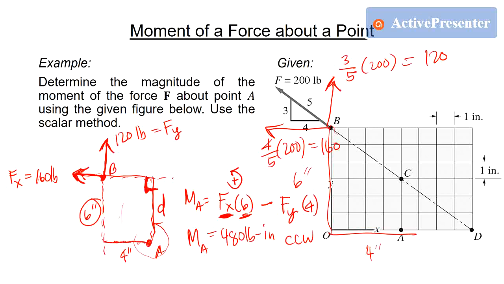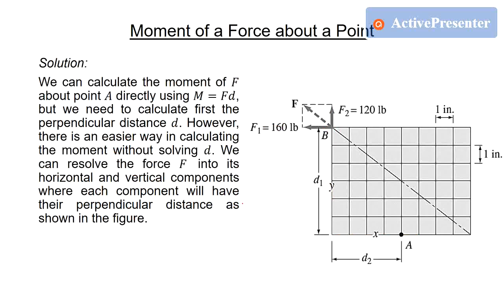This is the distance perpendicular to the line of action of this force, so 120 times 4 inches. The effect is clockwise because of the direction of F. If you add these and get the resultant, you will get 480 pound-inch. So that is how the solution is explained here. We have D1 is 6 inches, and D2 is 4 inches.